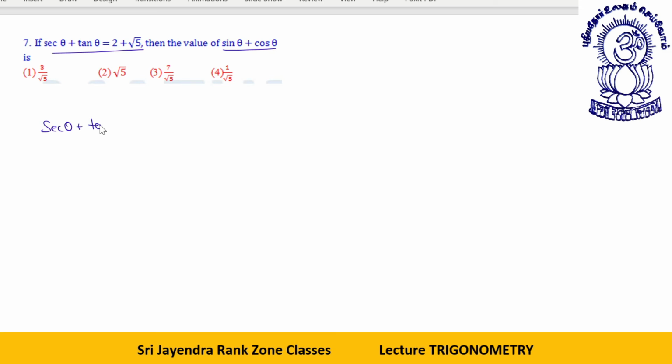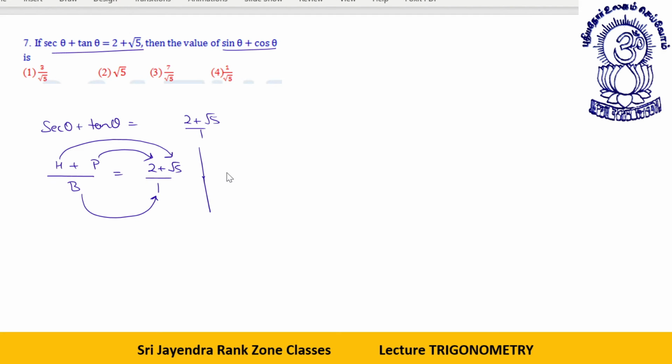Sec theta plus tan theta is equal to 2 plus root 5 by 1. I can say hypotenuse plus perpendicular by base is equal to 2 plus root 5 by 1. This is base. Perpendicular is 2. Hypotenuse is root 5.